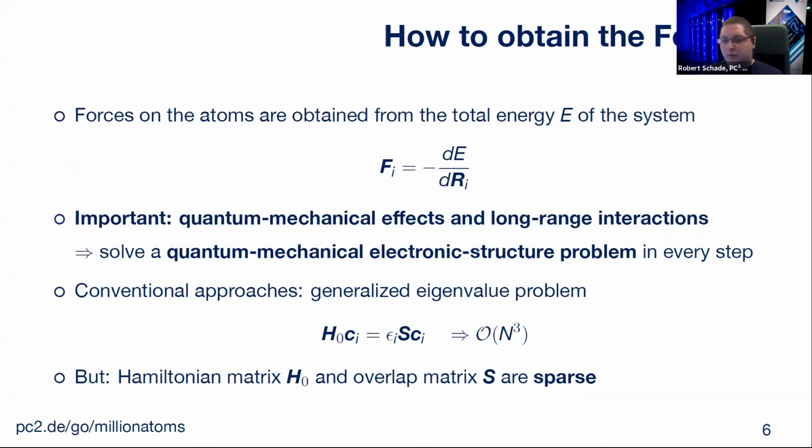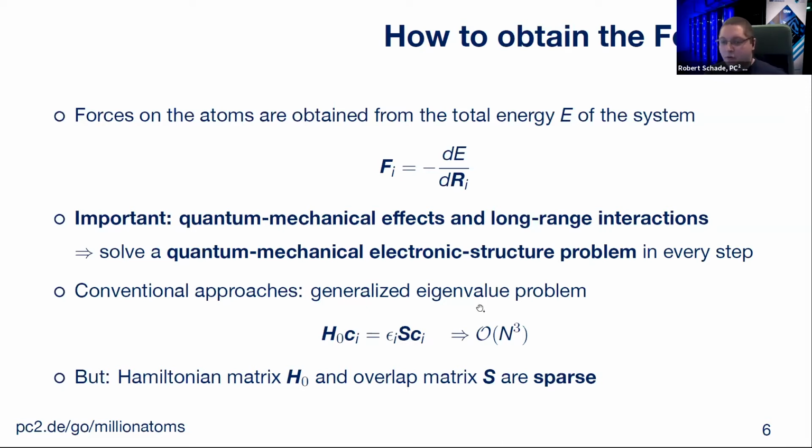One way to model this energy is to model it with an electronic structure theory method. That means to explicitly include the quantum mechanical nature of the electrons. That implies that we have to solve a quantum mechanical electronic structure problem in every step.